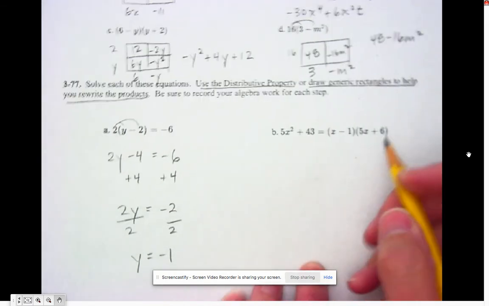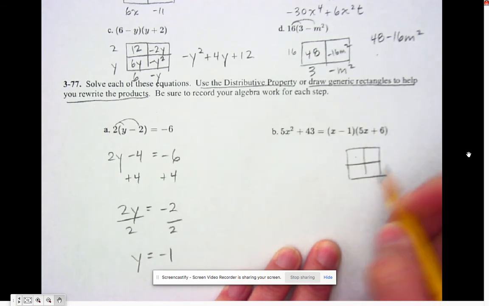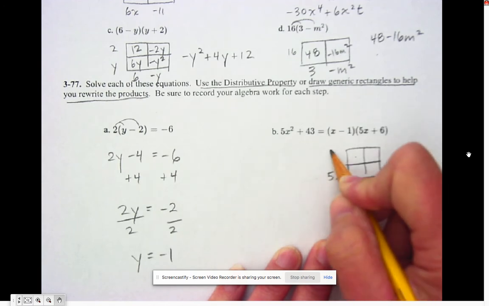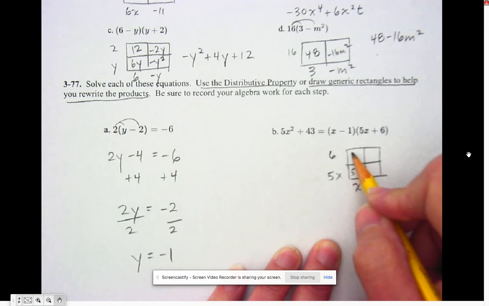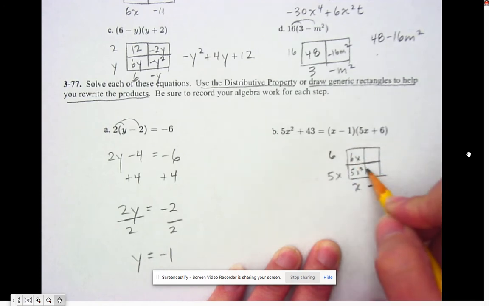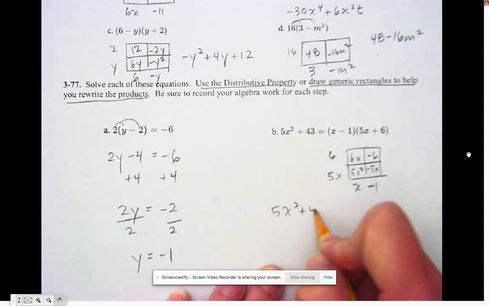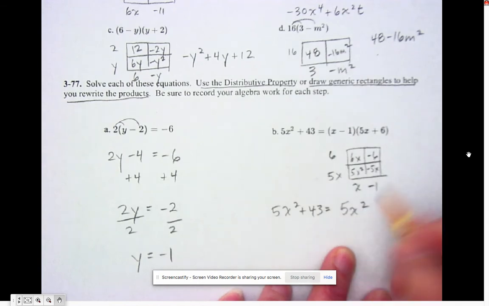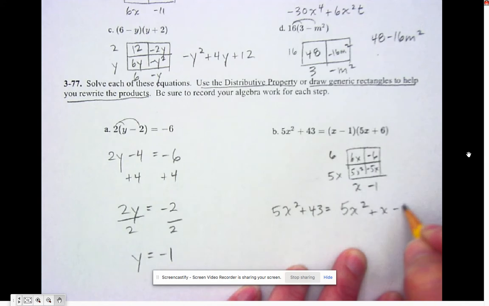I'm going to use a generic rectangle to make sure I get the products for this one. So I'm going to do x minus 1 and 5x and 6. So 5x squared, 6x, minus 5x, minus 6. So I've got 5x squared plus 43 is equal to 5x squared, 6x minus 5x is just plus an x, minus 6.